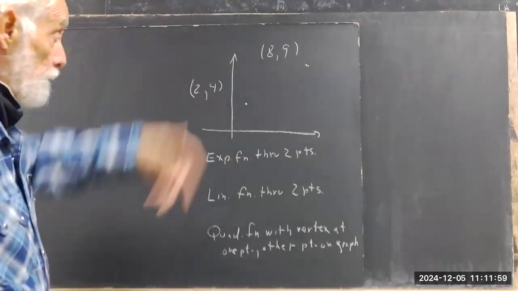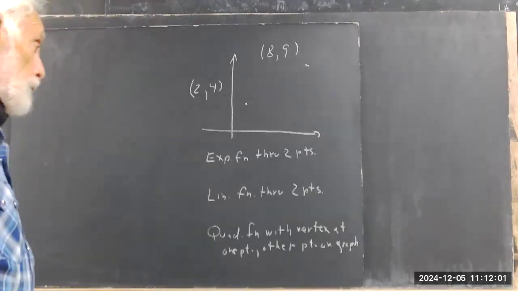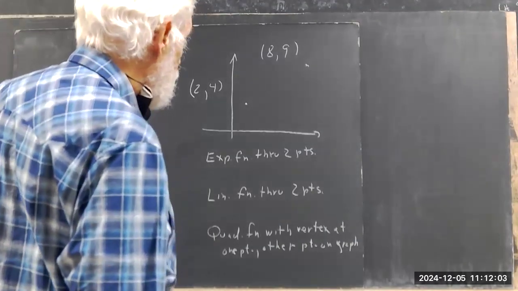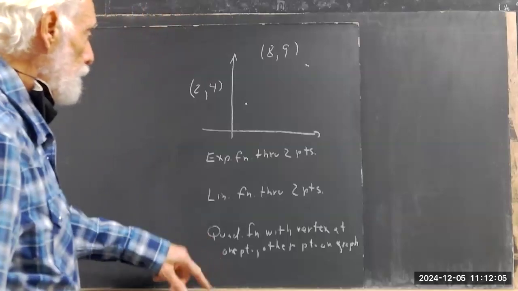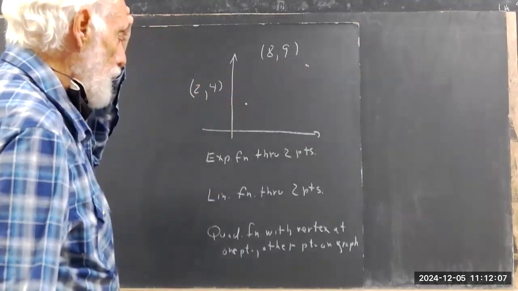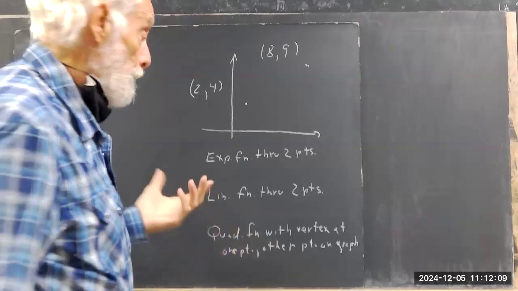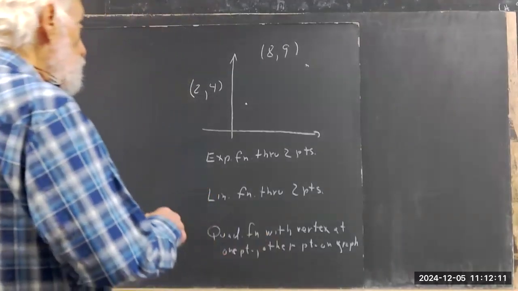So 3 possible functions I could find here. Okay. And actually 4, because if we're doing a quadratic function, we pick either point as the vertex. So we're going to just see how to do that.